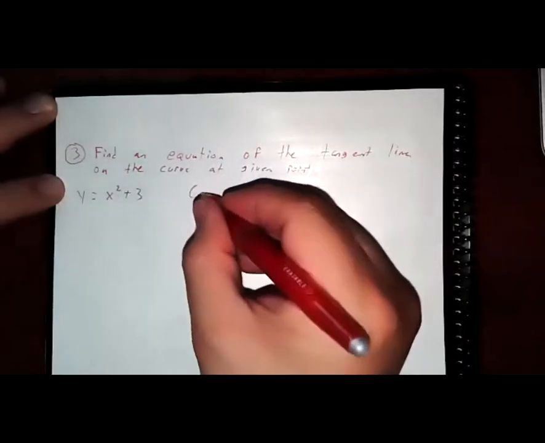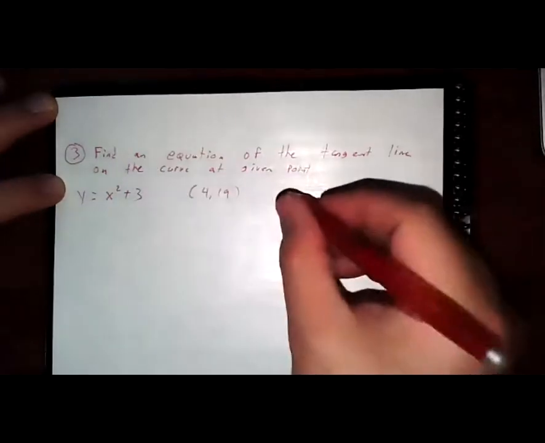All right. So y is equal to x squared plus 3. And then they give us a point 4, 19. So they want us to find some line, right?